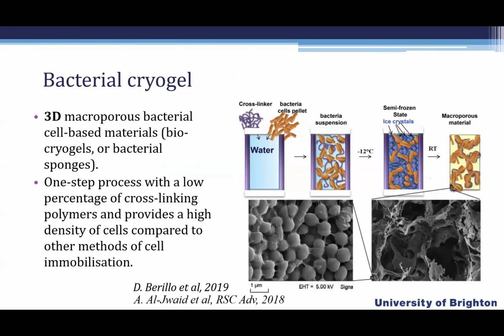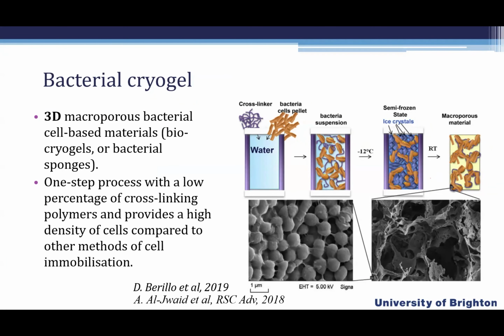Another very interesting work had been done by Dmitry Berillo, using the cryogelation technique to make cryogels from whole microbial cells. As you know, microbial cells can be used in a number of applications. In this particular one, we were interested in an environmental application where microbial cells would decontaminate the water.